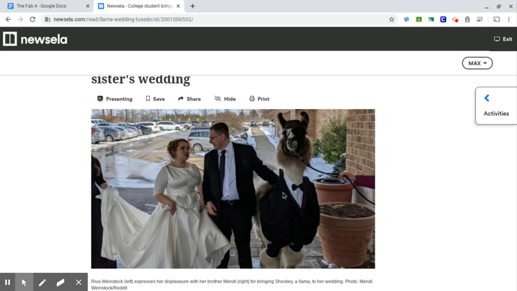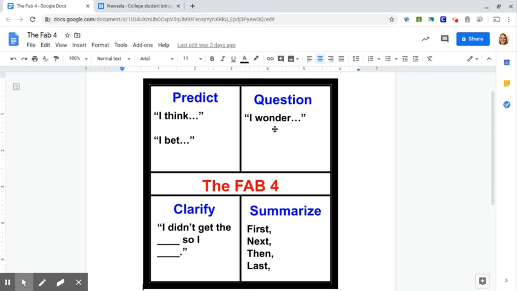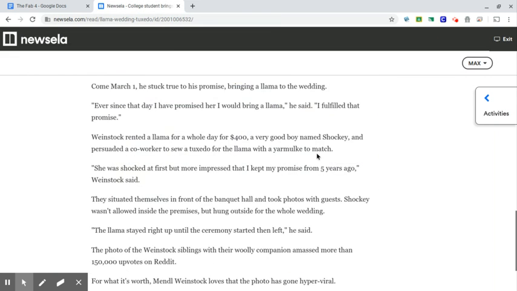So, okay, I see the tuxedo. I see this, but I also know that that's like a leash or a harness. Do you guys see anything else in the picture? Yeah, I see something on top of his head. Oh, that makes sense. That must be the yarmulke that matches his tuxedo. Okay, so we clarified. We had a question and we used the picture and words to help us figure it out. Awesome job.